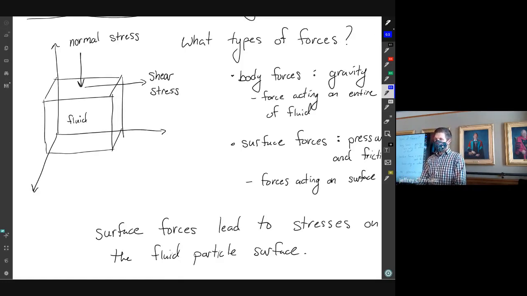So we could have a normal stress like that, like I have it drawn. We could also have a normal stress on this side, on this side, pushing on the front, pushing on the back, pushing on the bottom, on any side of our cube. So that gets a little bit complicated.